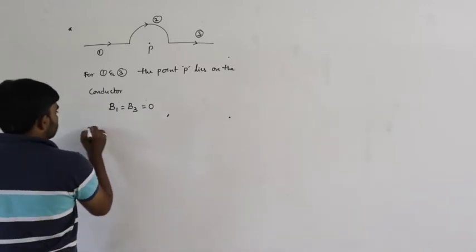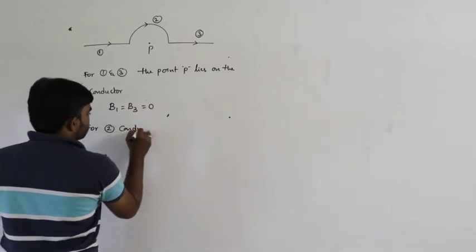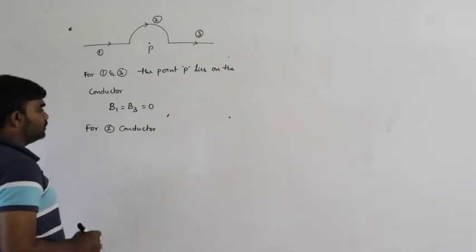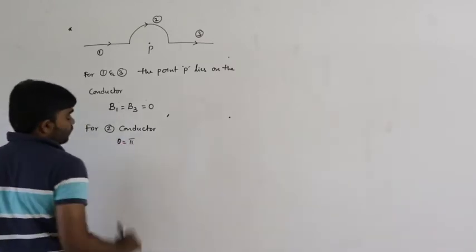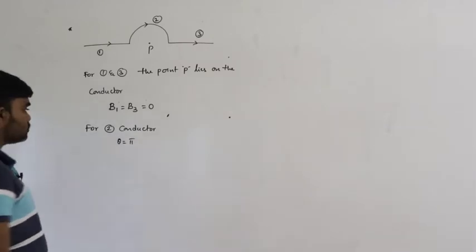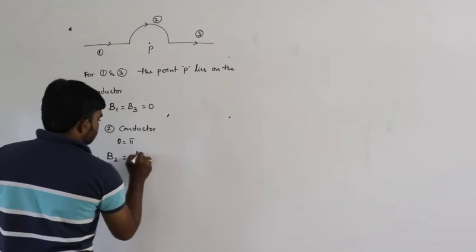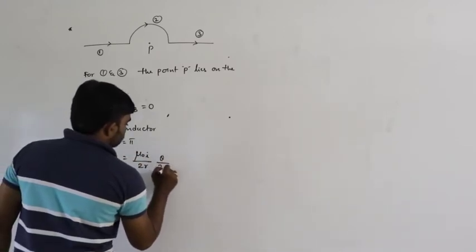Next come to the second one. For the second current carrying conductor, this is the semicircular shape. So the angle subtended at the center, theta, is equal to pi. Therefore, the general formula is B2 equals mu naught I by 2r into theta by 2 pi.